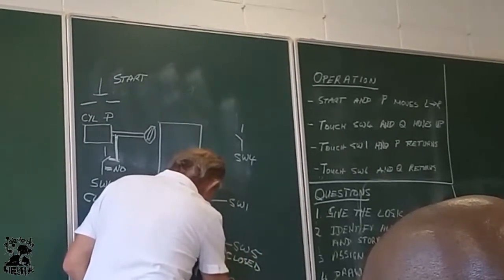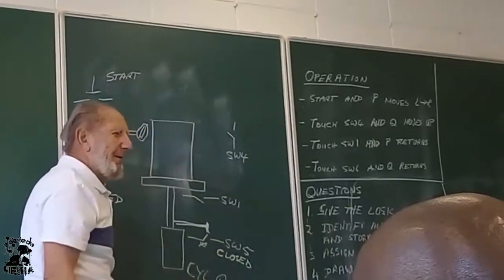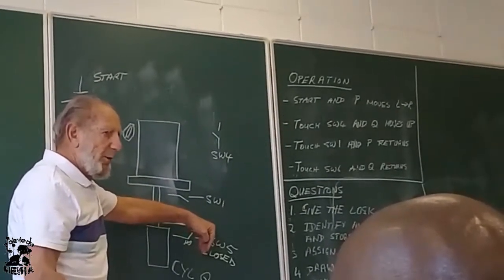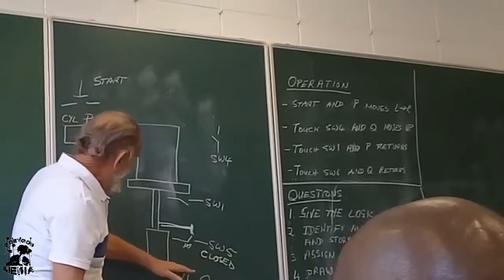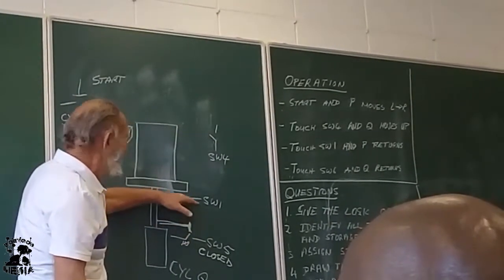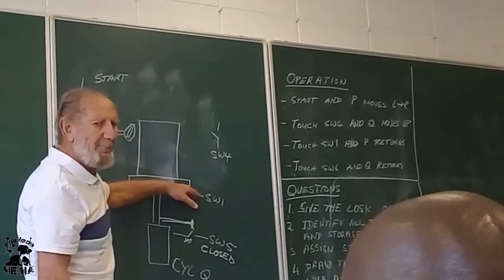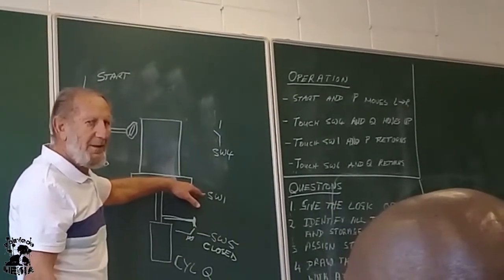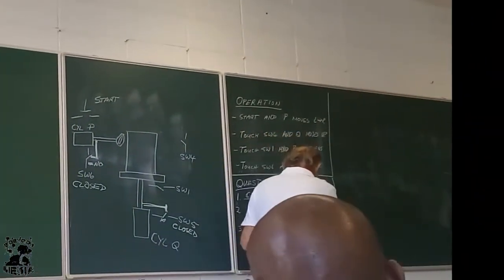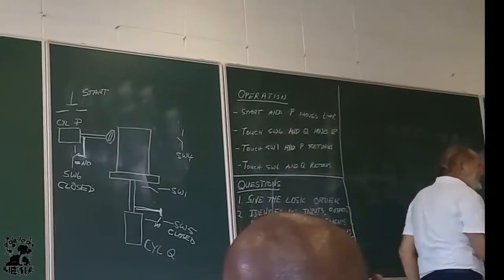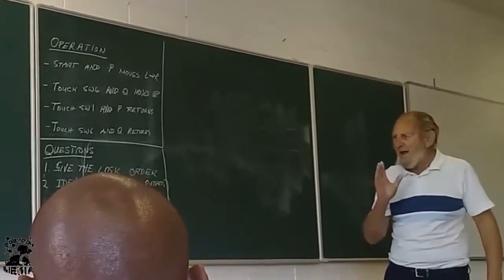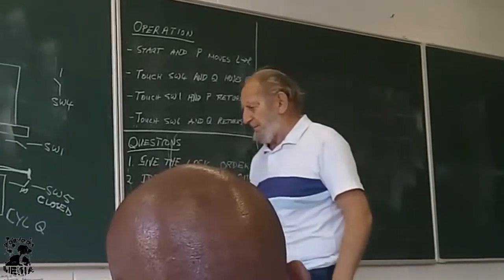Although it is normally open, all of them are normally open, but it's pressing it, so it's closed. When will it go open? When cylinder Q starts moving up. And then this arm will move up and it will close switch 1 when it comes to the top. You've got it? Right. So I just mark what is closed in the beginning. I'll show you just now why that is important.